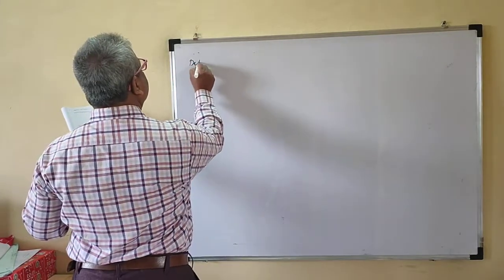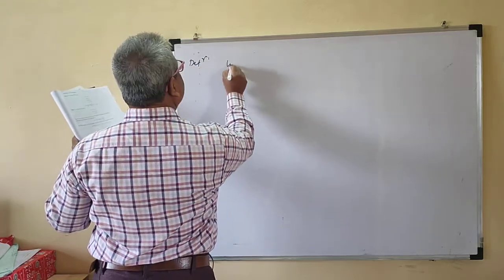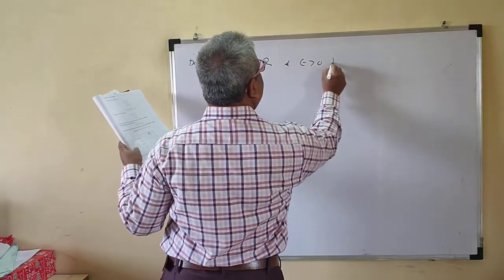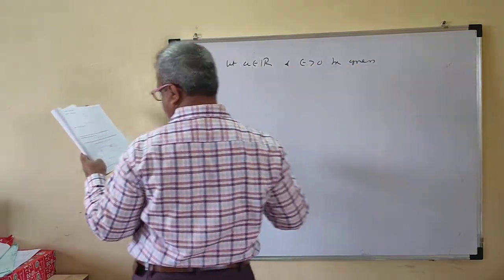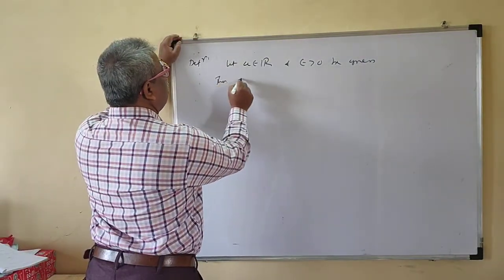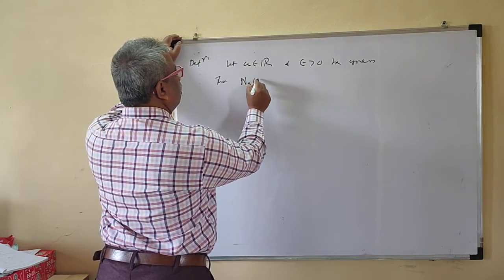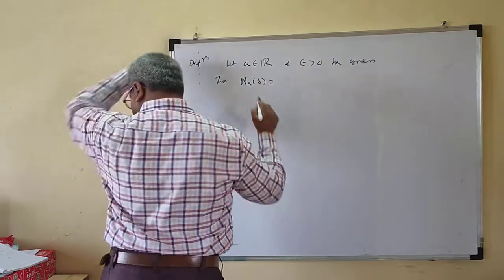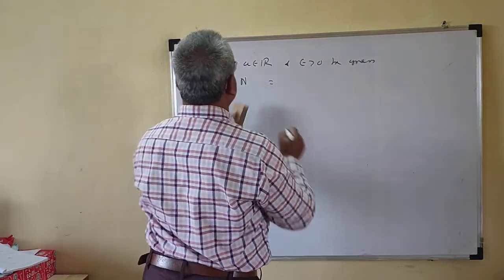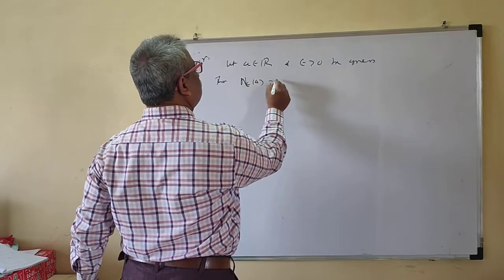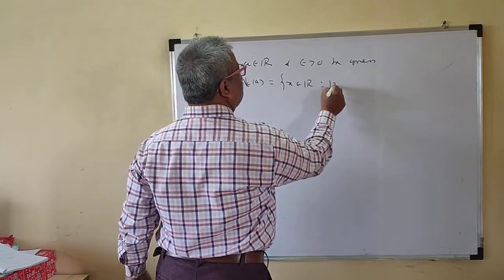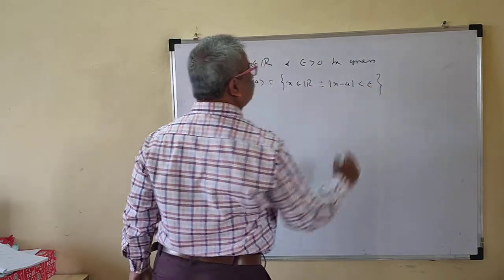So we'll write a definition. Let A belong to R and epsilon greater than 0 be given. Then the set N epsilon of A is nothing but x belongs to R such that mod of x minus A is less than epsilon.